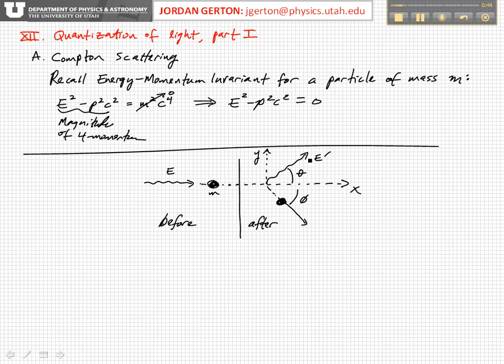Okay, and the new direction has an angle theta with respect to the x-axis, and in general it has a different energy than the initial photon energy, so it's E prime.